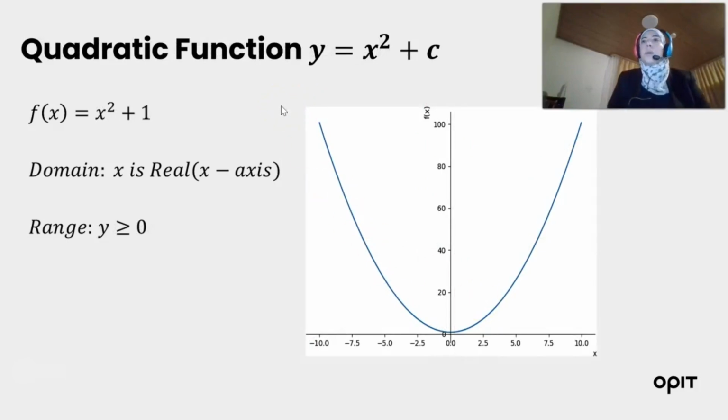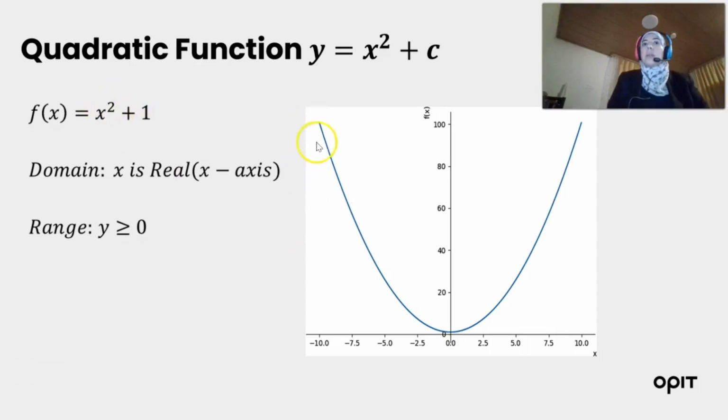Quadratic. It is one of the famous curved, non-linear functions. Again, we agreed that x can take any real value, but before we plot it, let's have a look here. x could be positive or negative, but x squared is always positive. And we added 1, this means that this is always positive.